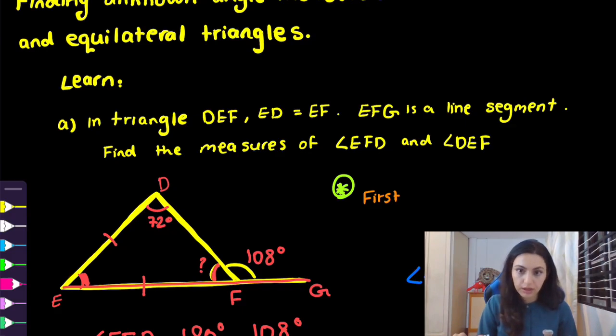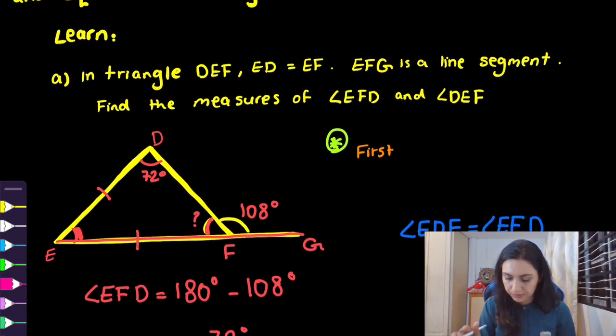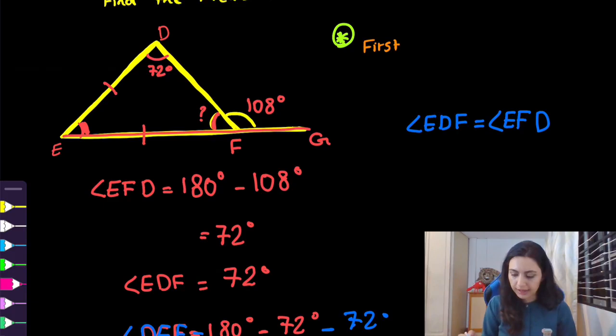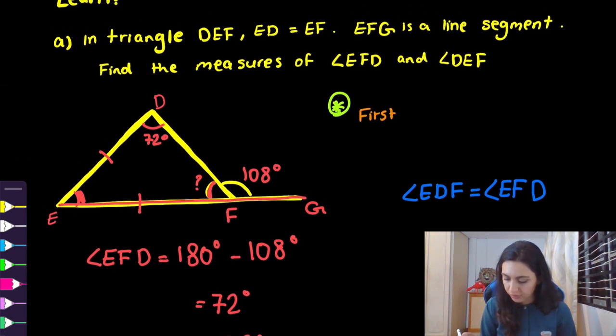If you're following me on the same book, page 107, finding unknown angle measures in isosceles and equilateral triangles. So what we learned in the past is that when we have the angle DFG, for example, 108, it is the same as FDE and FED.